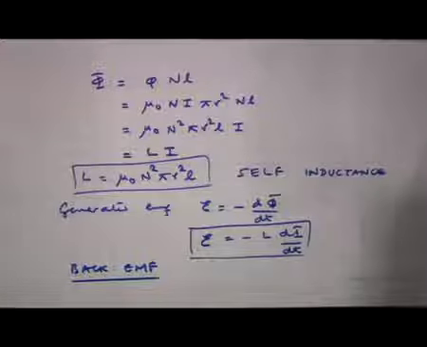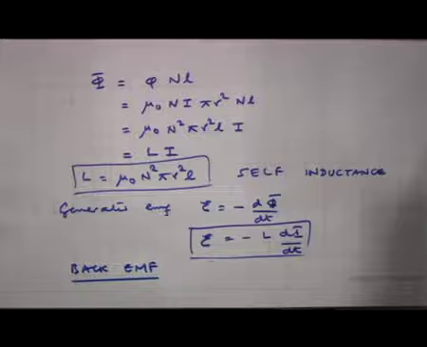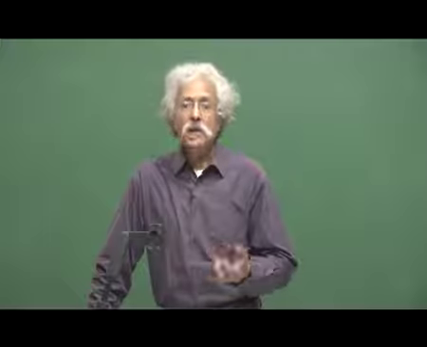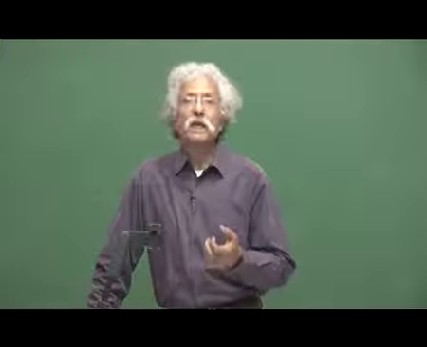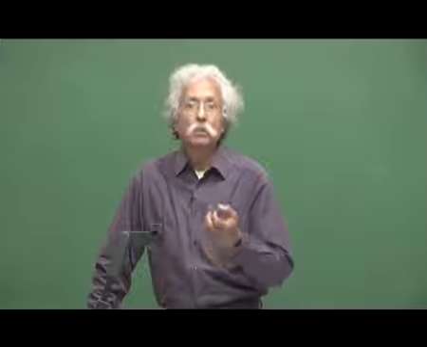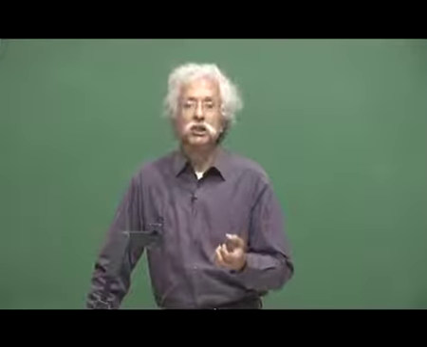If you try to change the current in a circuit, that induces a back EMF, which generates a current in such a direction that it opposes this change and does not allow it to take place. This is a very important part of circuits, and it is called inductance.